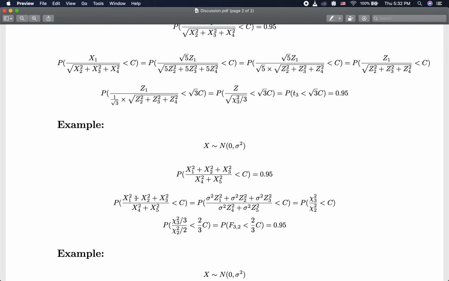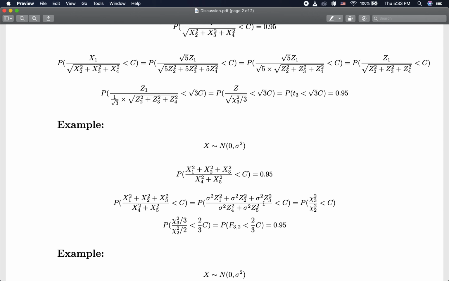So to construct x from standard normal will be sigma times a copy of standard normal plus mu, and the mu is 0 here, so we can ignore all the mu's. And since they are all squared, it will be sigma squared times z squared, and the same thing for all of x1, x2, x3, x4, and x5.